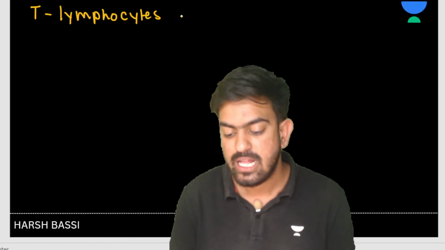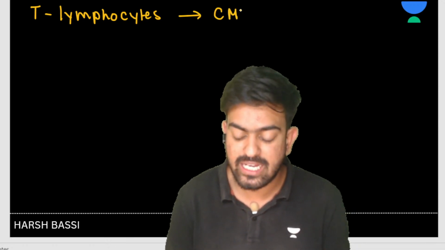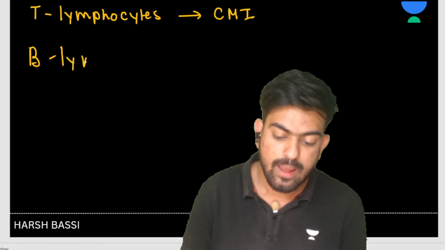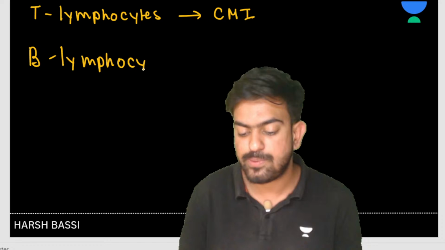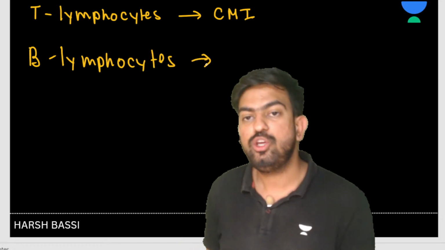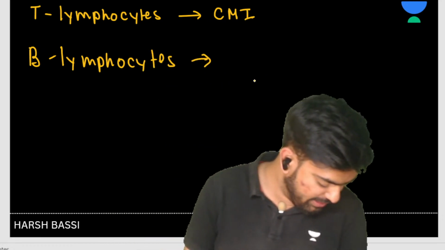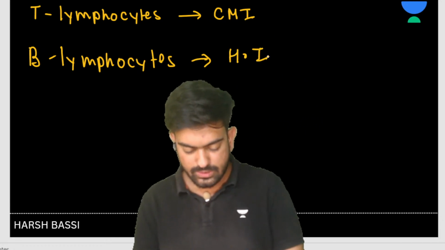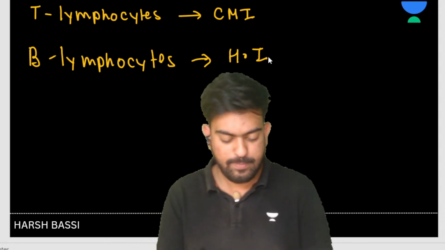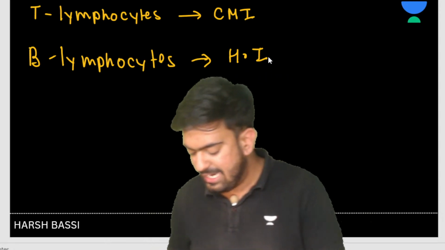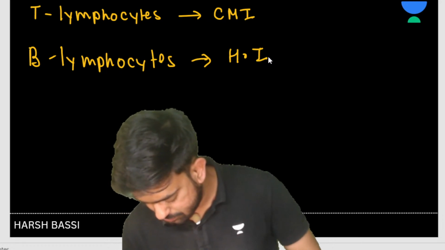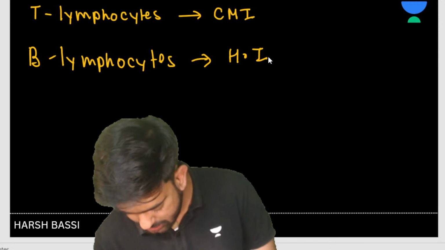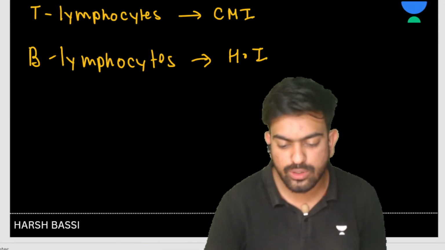And B lymphocytes help in humoral immunity. Clear to everyone? Let me know if you have any doubts. Okay? Now one more thing.